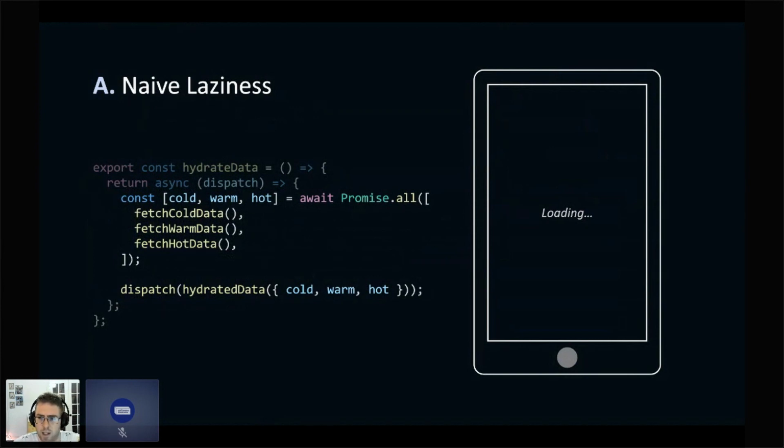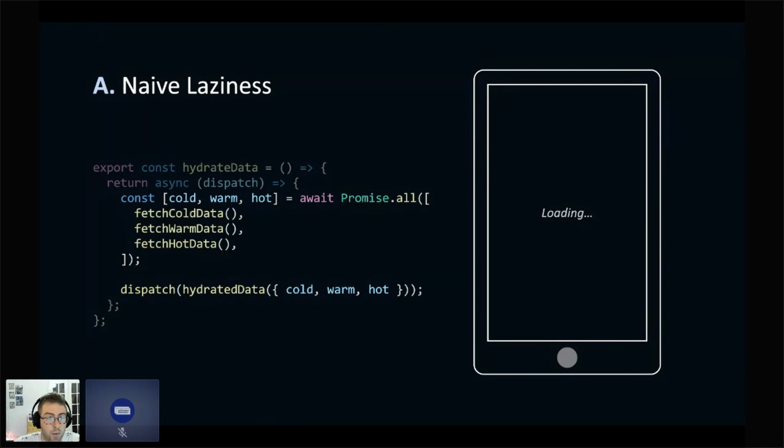In this particular code snippet, the real takeaway is that there were 2 parts to the logic for this hydrate data method. I've made darker the boilerplate code that you don't need to pay too much attention to. The first part of the logic is that we await a Promise.all of 3 data loading methods: fetch cold data, fetch warm data, fetch hot data. The results of those, per normal Promise.all usage, are stored in an array, and that array is given back to you once all 3 of those have completed.